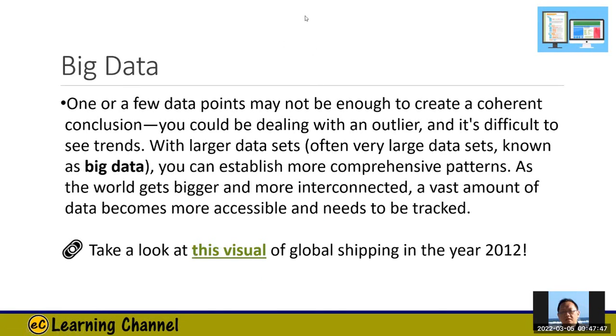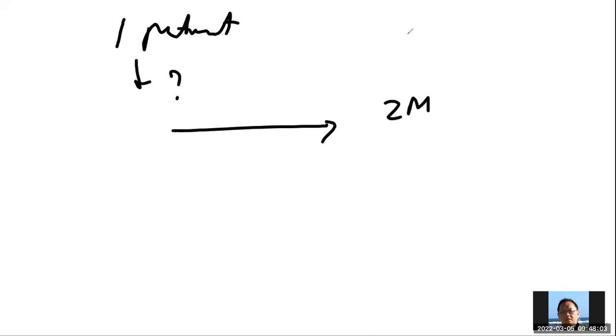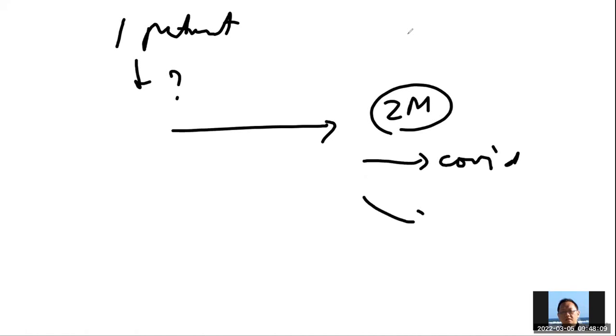Like when COVID-19 just got started, you had just one patient. With one patient, can you predict what the trend is? We don't know, right? But once you go up to 2 million, we have a bigger sample. We can know that this is COVID and this is not COVID.